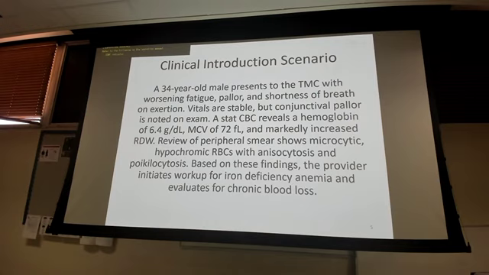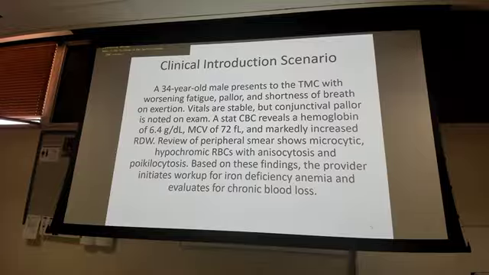So here's a clinical introduction scenario. A 34-year-old male presents to the Troop Medical Clinic with worsening fatigue, pallor, and shortness of breath on exertion. Vitals are stable, but conjunctival pallor is noted on exam. There is a stat complete blood count that reveals a hemoglobin of 6.4 grams per deciliter, an MCV of 72, and markedly increased RDW.